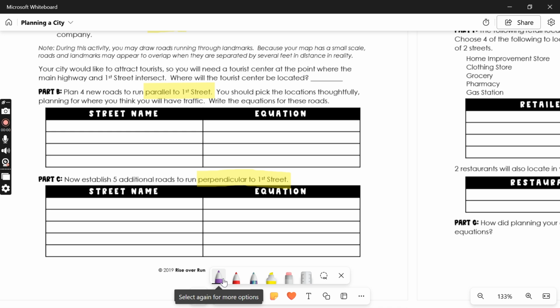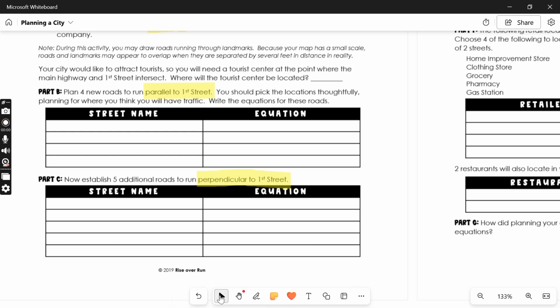So if the slope of First Street was 2/3, then we're going to flip that over and make it negative. So it would be negative 3/2. And if we have problems with this, you can skip it and then I can come up and help with it. But don't skip it for too long.